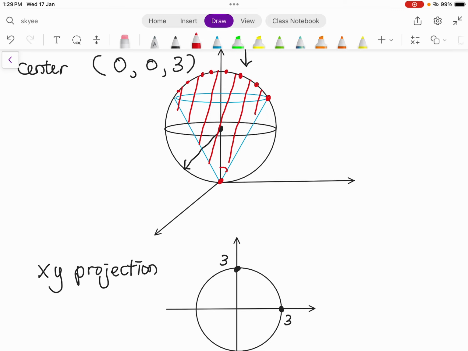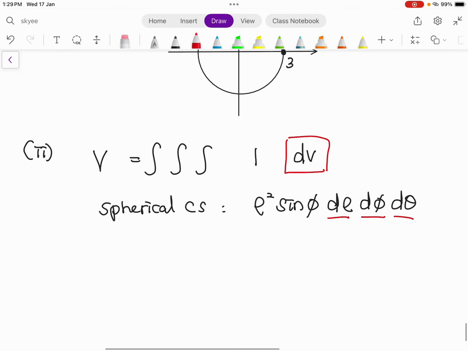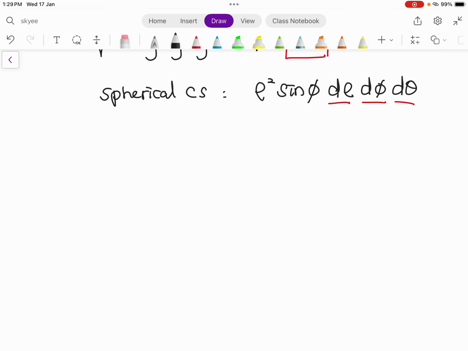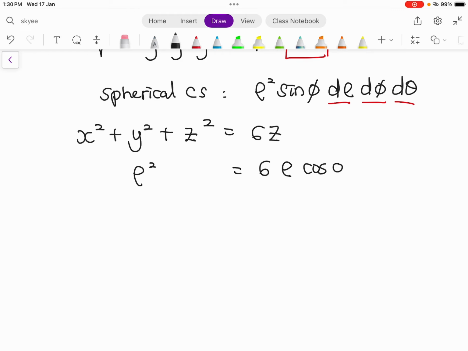To get the value of rho, you take the equation of the sphere, which is x squared plus y squared plus z squared equals 6z. You convert this to rho squared, and this to 6 rho cos phi.